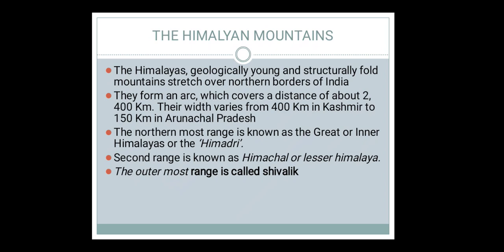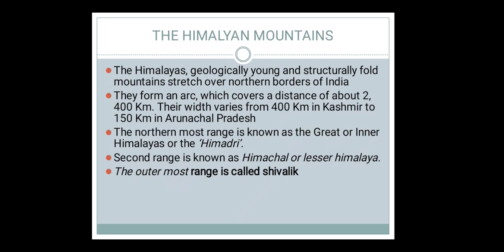They stretch over the northern border of India in the shape of an arc, and they cover a distance of 2400 kilometers, which means their length is 2400 kilometers. Their width varies from 400 kilometers in Kashmir to 150 kilometers in Arunachal Pradesh.